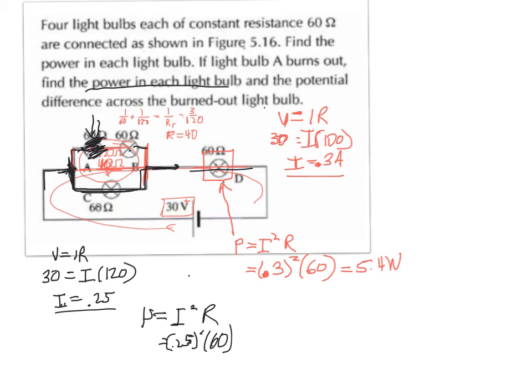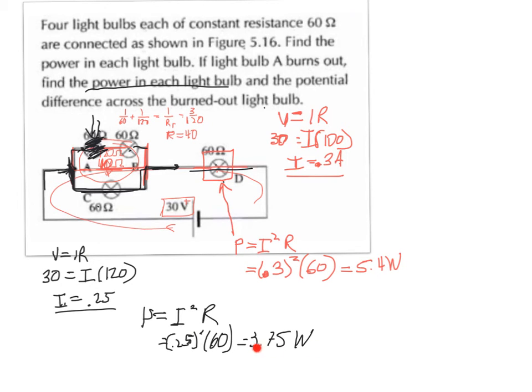All right, so when I calculate that, 0.25 squared times 60 will give me 3.75. And so now my power will be 3.75 watts.